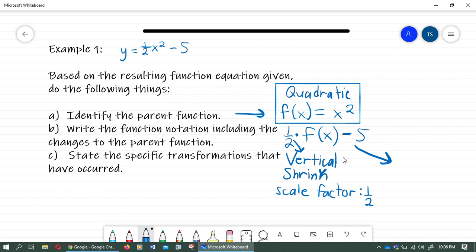All right, so that part is a vertical shrink with a scale factor of 1/2. This part here is a translation, and it's going to be down 5. Again, that's this example. Up next.